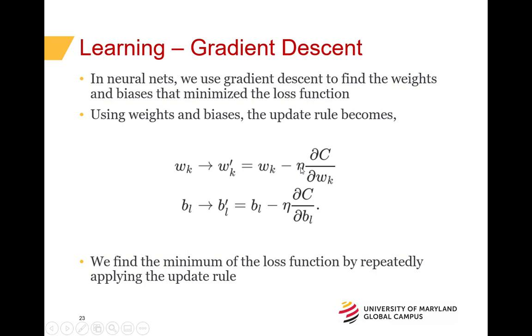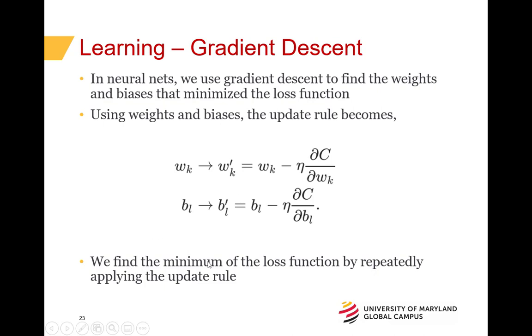So the product of that and the gradient, the partial derivative of the cost function with respect to the weights, that is the update rule. And the same thing for the bias. This is how we apply gradient descent to update weights at every step until we get to the optimal values of both the weights and the biases.